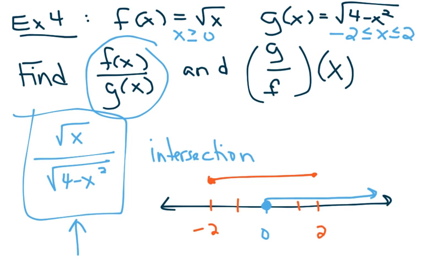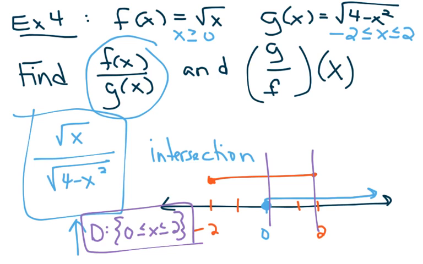Where do the two graphs overlap each other? Well, they overlap from here to here. That means that the domain of the new function must be between 0 and 2.